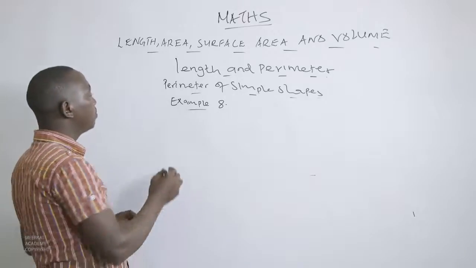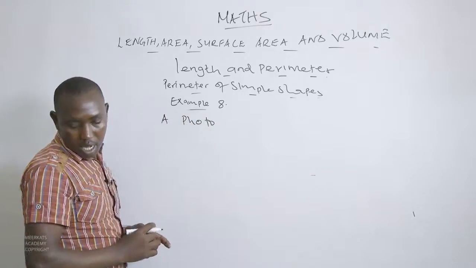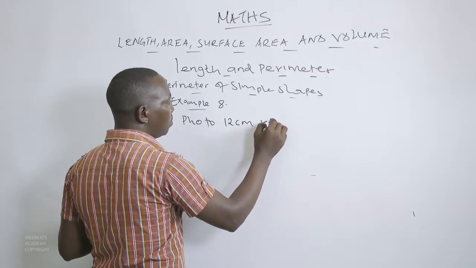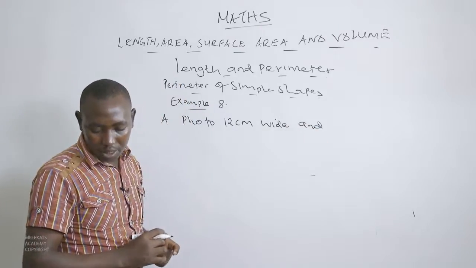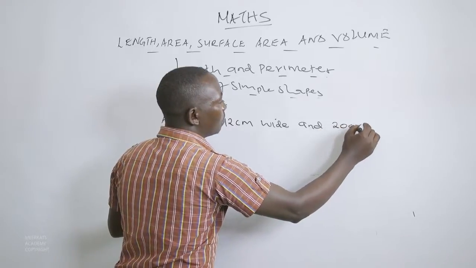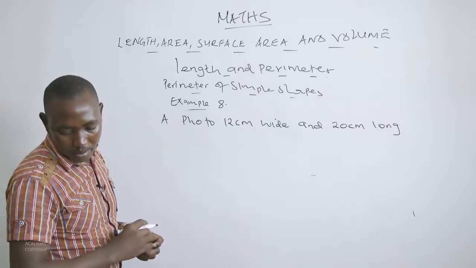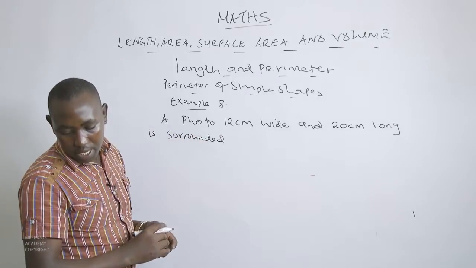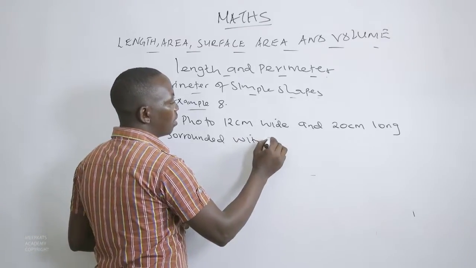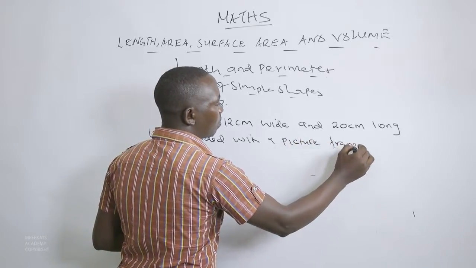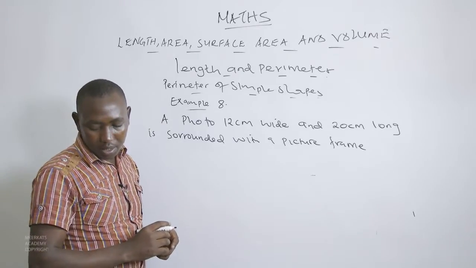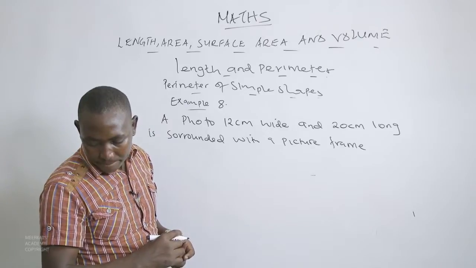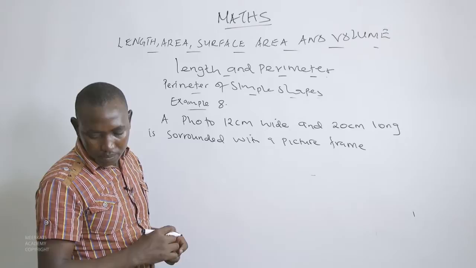We are told that a photo 12 centimeters wide and 20 centimeters long is surrounded with a picture frame 3 centimeters wide.